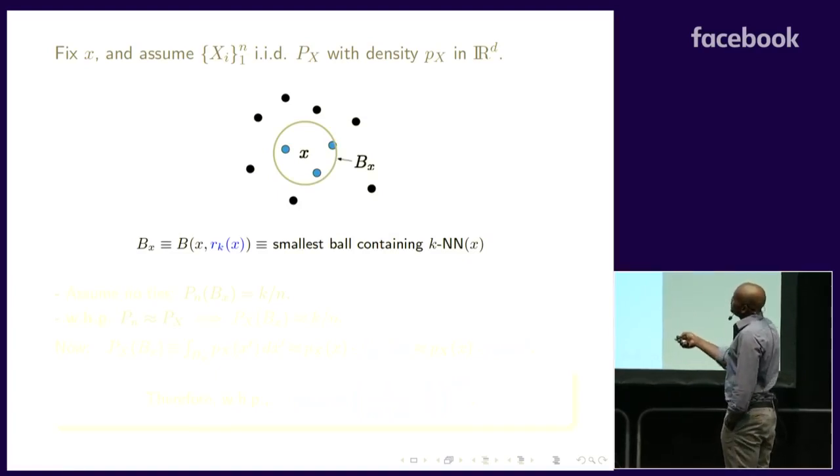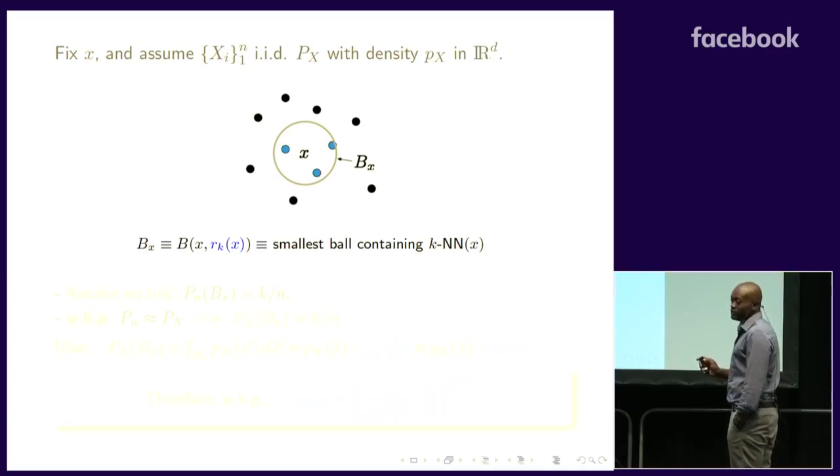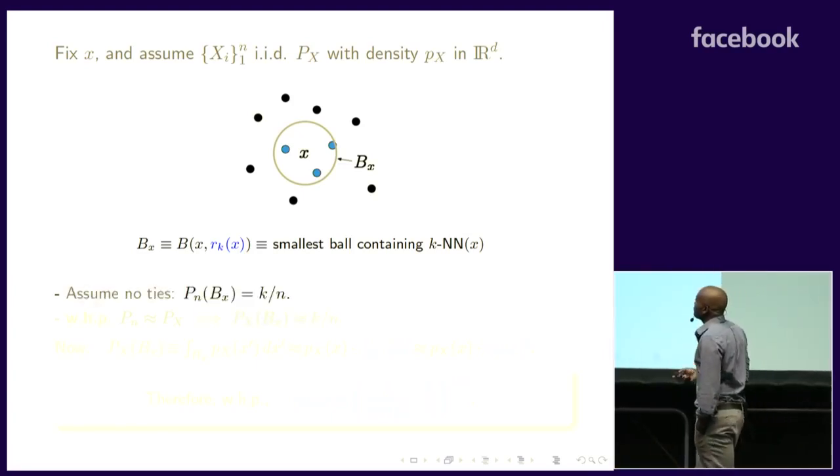Now let's consider this ball, I'll call it Bx. The ball Bx is the smallest ball containing the k nearest neighbors. Remember, we want to understand Rk of x, so we care about this ball containing the k points. It's B of x, Rk of x.